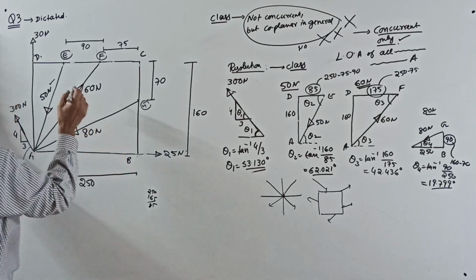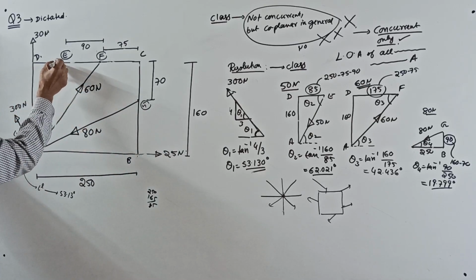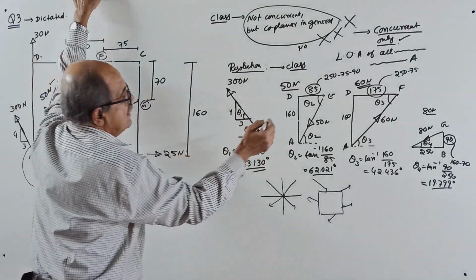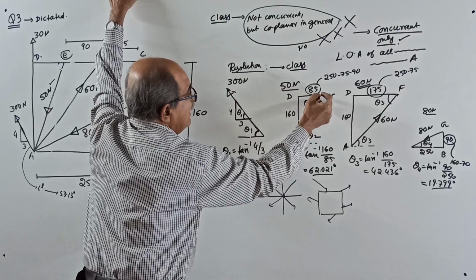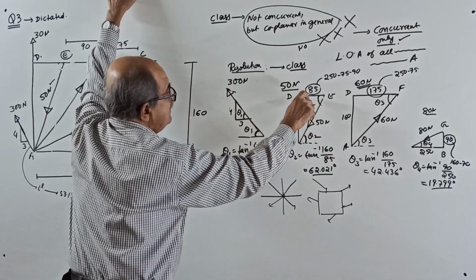Start. Now this force is this way. We want the angle with horizontal, either here or here. Anywhere you can mark the angle. If that is theta 2, this is also theta 2. How to get it?